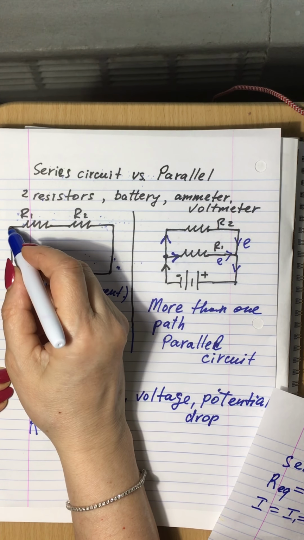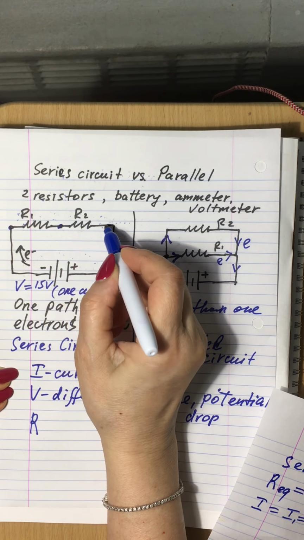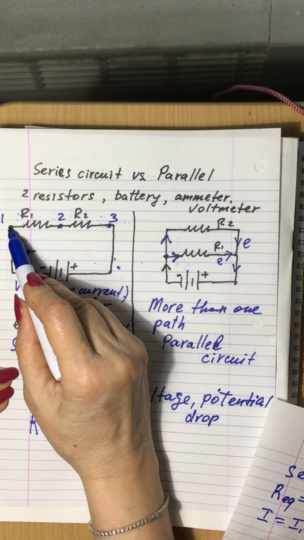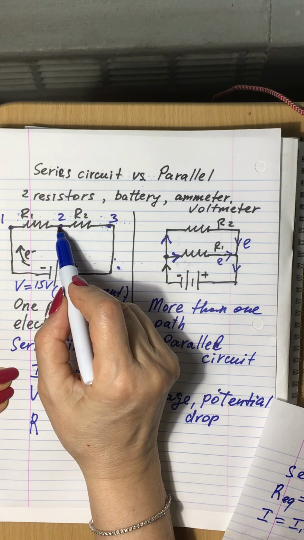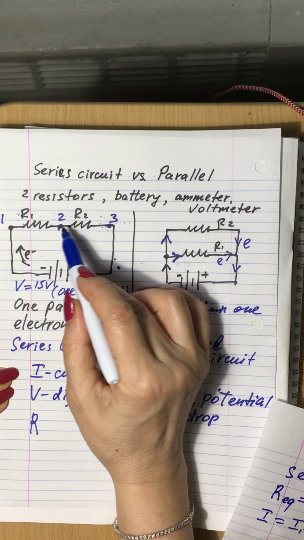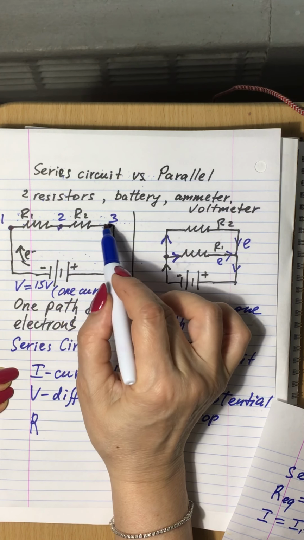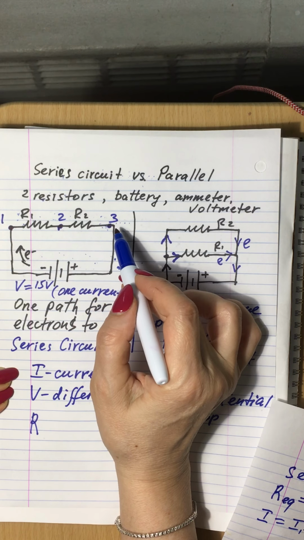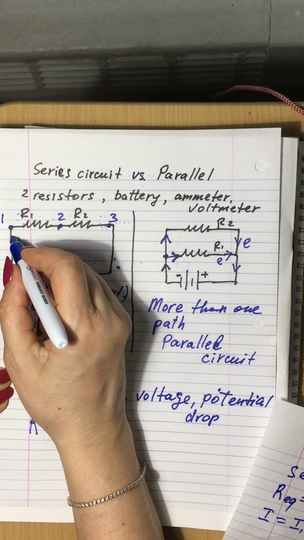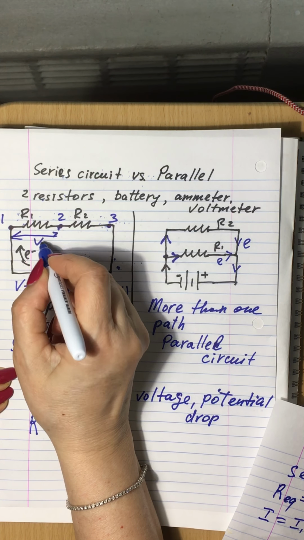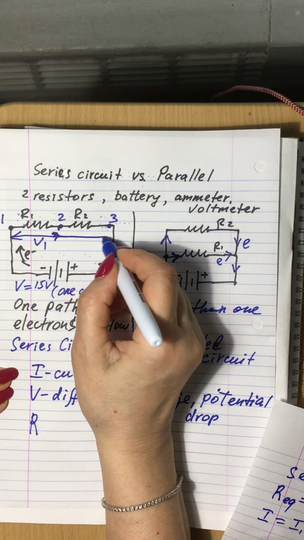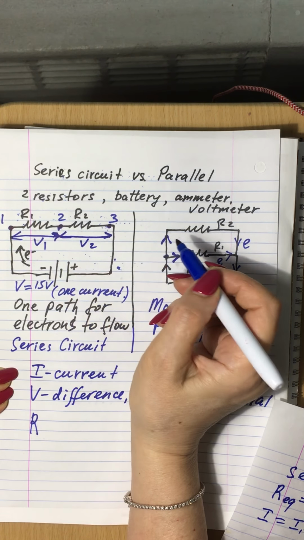If I'm looking at these 3 points, 1, 2, and 3, there would be a potential difference between points 1 and 2, which is the potential drop across the first resistor, and there would be a potential difference between points 2 and 3, which is the potential drop for the second. So there would be V1 potential difference across the first resistor, and then potential difference V2 across the second.